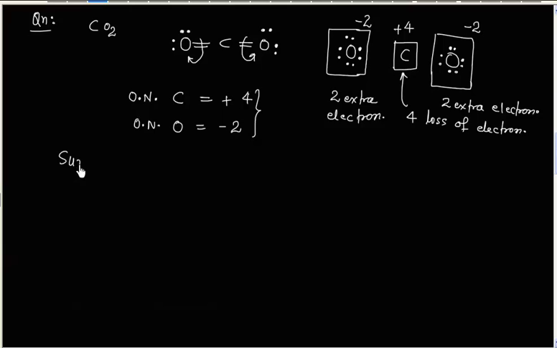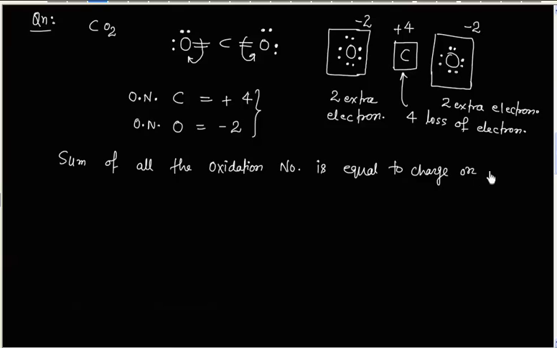So the sum of all the oxidation numbers is equal to the charge on the molecule.